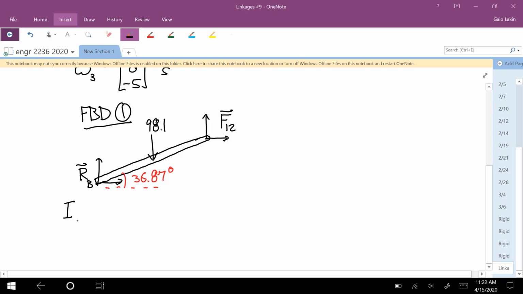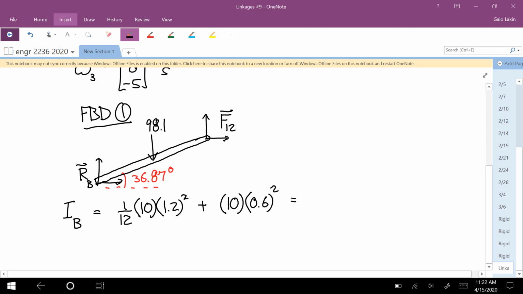So the moment of inertia, we're going to do it about that pin B, and that's equal to 1/12 times the mass times the length of this member squared, so 1.2 squared, plus, now we have to use the parallel axis theorem, the mass of 10 times the distance from the center of mass to the point B. That's half of the length, so that's 0.6 squared.